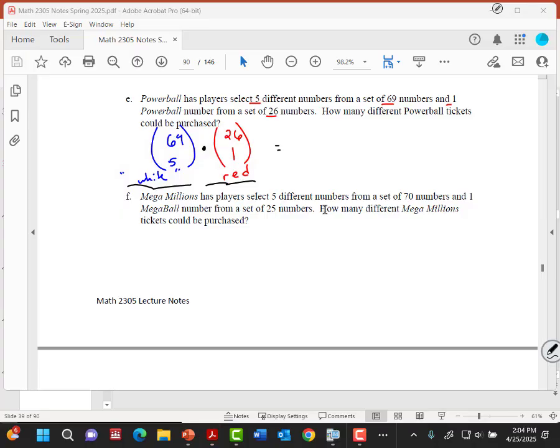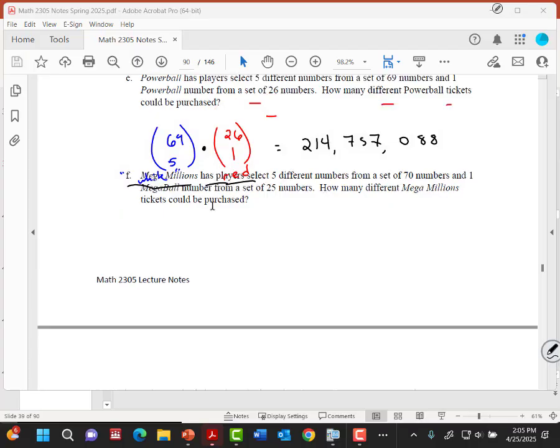And if I do so, I end up with 214,757,088. More than 214 million different ways that I can select a Powerball. So I'm going to omit F for the sake of time, but we can simply see that sometimes we might say that the lottery is a tax on people who don't do math.